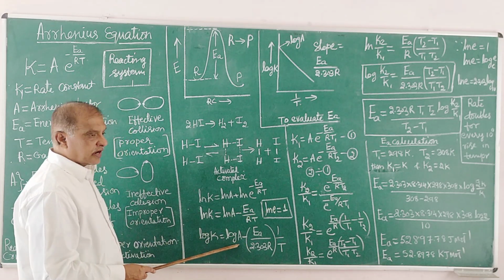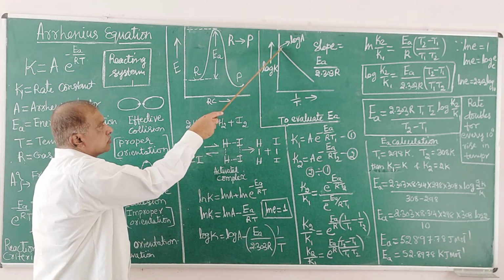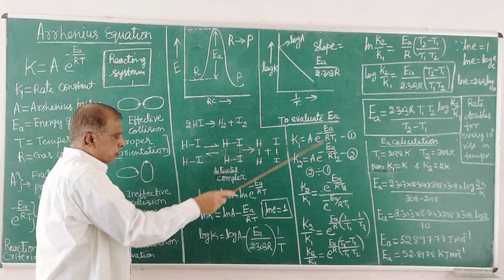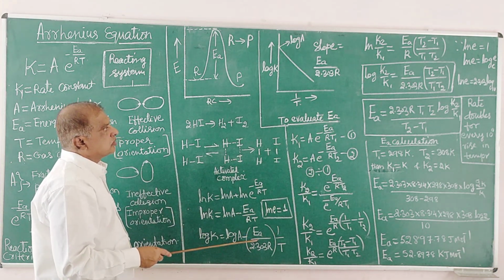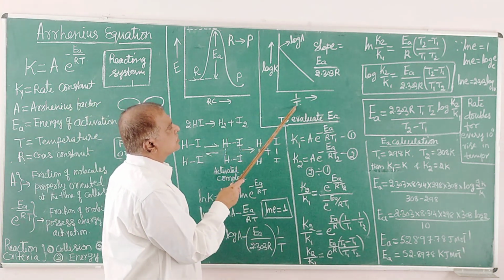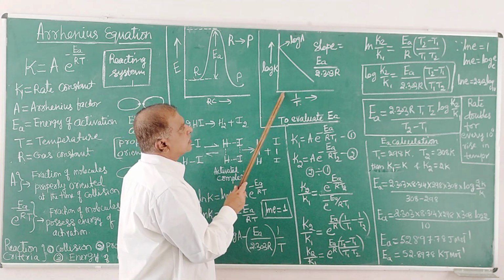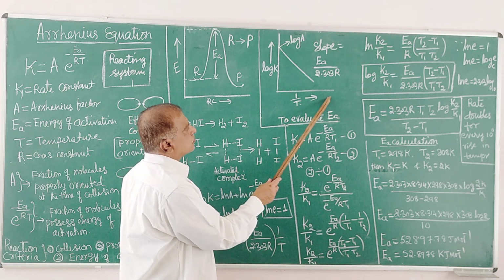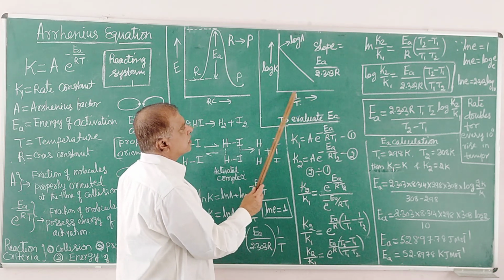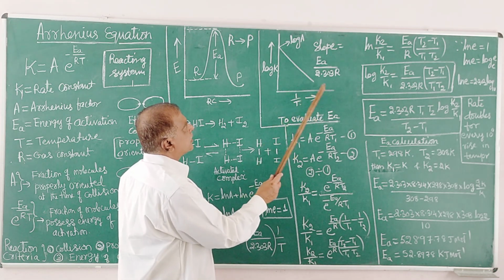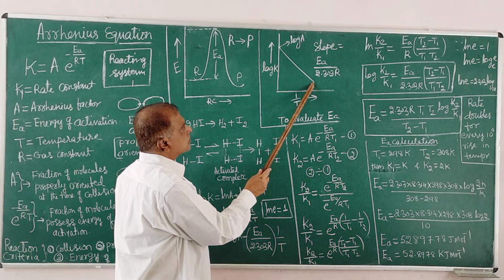It is the equation of a straight line, and this is the intercept. There is a straight line like this, going downward, with a minus slope. Here 1 by T increases with a decrease in temperature. With a decrease in temperature, the rate constant decreases.